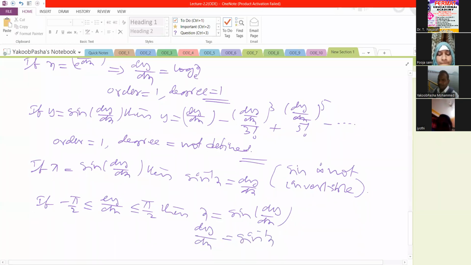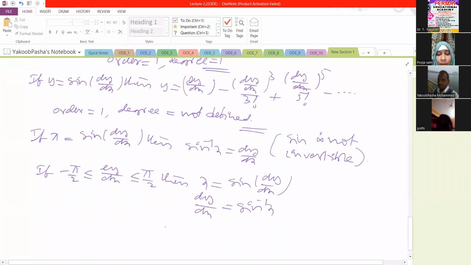Okay, here in this case we can define order and degree. Order is equal to 1, also degree is equal to 1. If the interval is not given, here in this case the degree is not defined.